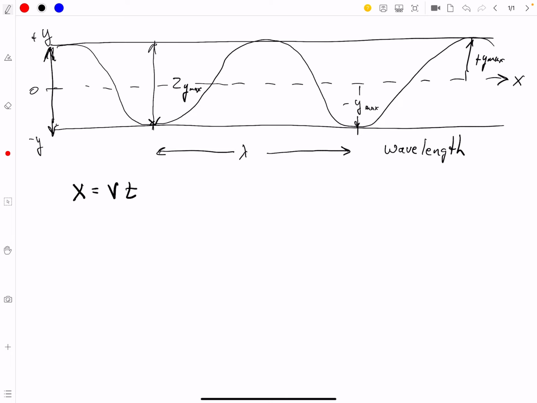Now, all you have to do then, if these waves are traveling at velocity wave, then your distance that it travels, lambda, say from this point to this point, lambda equals v of your wave times tau.